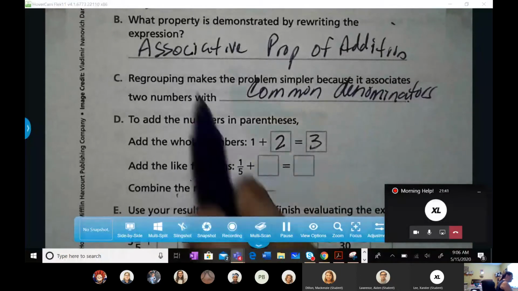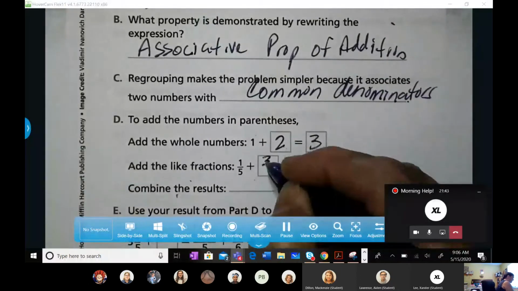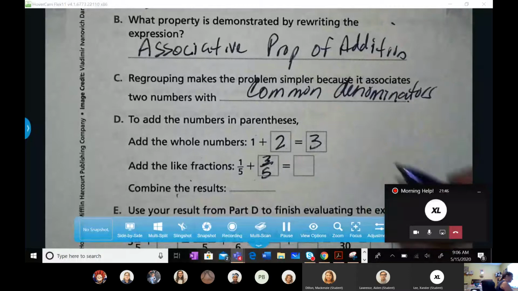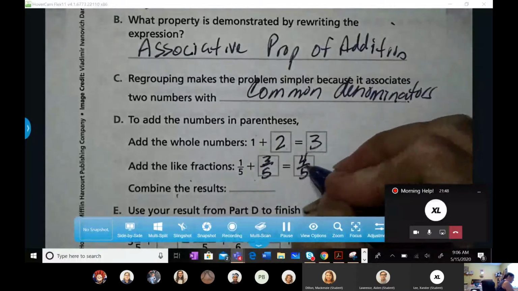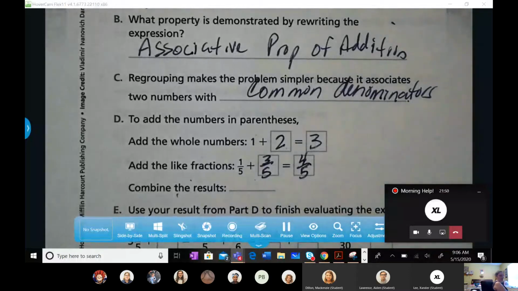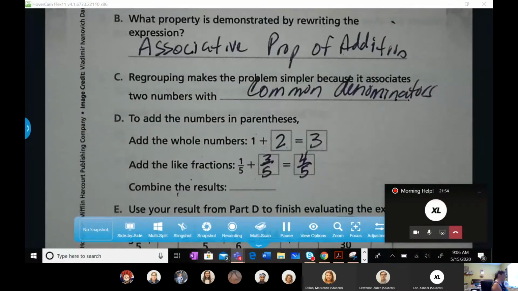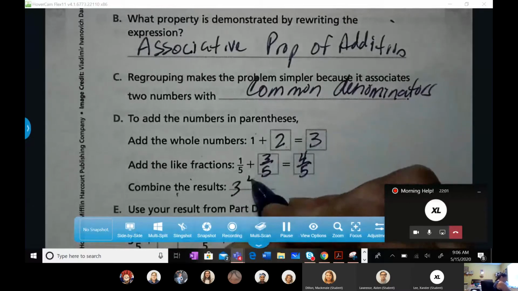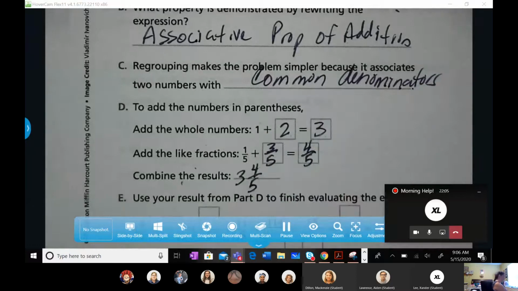And then since those common denominators are the same, we would get 1/5 and 3/5, which would be 4/5. They're both positive, so we just basically follow those adding and subtracting rules. So if they're both positive, add them together and you'll get positive. So if I combine the whole number and the fraction, I get 3 and 4/5.